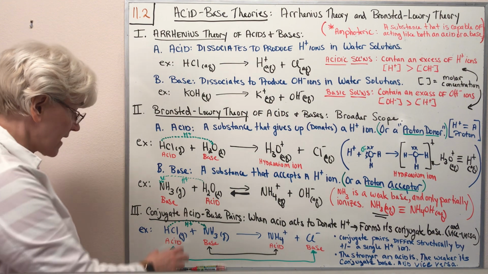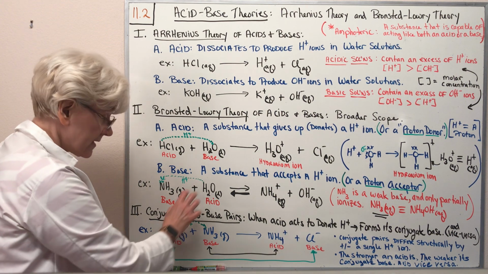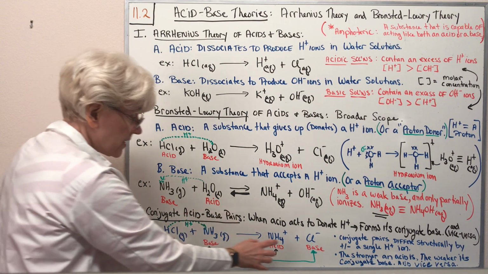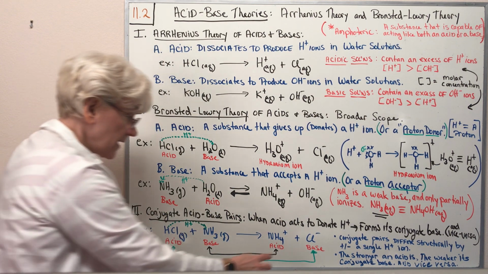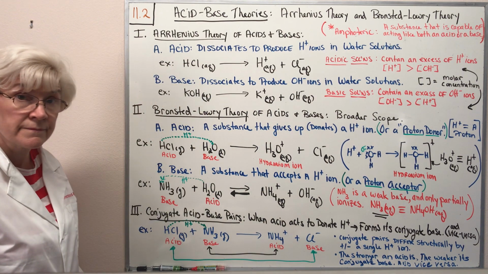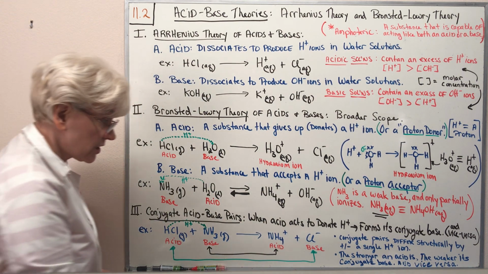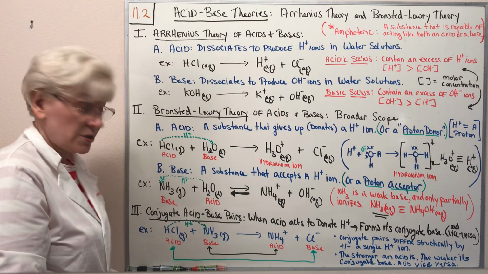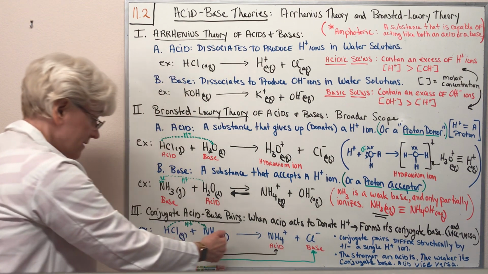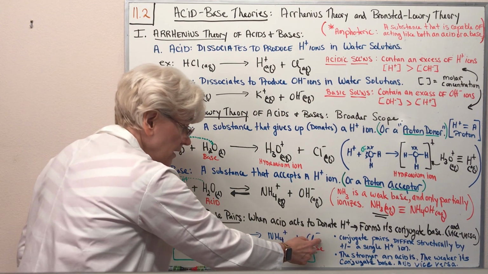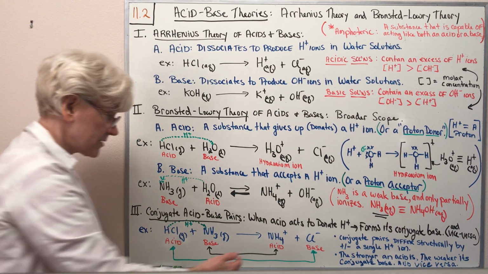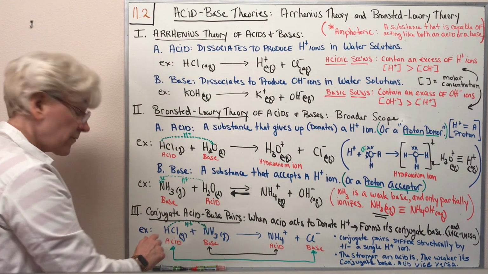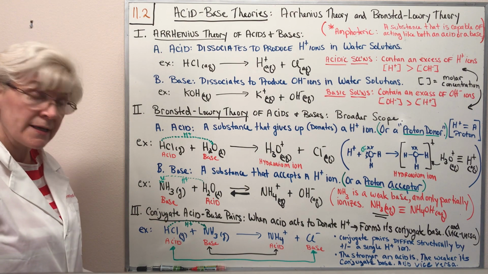When hydrogen chloride acts like an acid and gives up its hydrogen ion, what's left of its structure chemically is the chloride ion, which by definition should be able to, if this process went in the reverse direction, accept a hydrogen ion and reform hydrogen chloride.